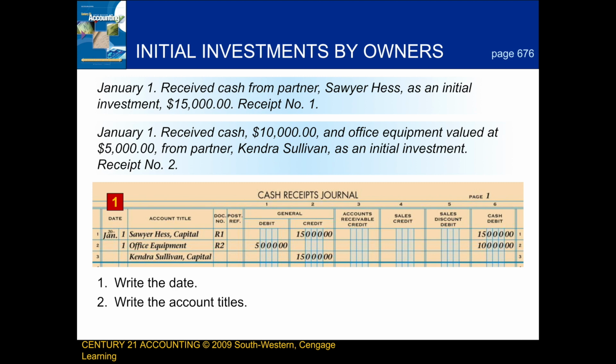For Sawyer Hess's investment, we write the account to be credited, which is Sawyer Hess Capital. For Kendra Sullivan's investment, we write the account to be debited, which is office equipment. We also write the account to be credited, which is Kendra Sullivan Capital. After that, we write the receipt numbers, which are R1 and R2, in the document number column.